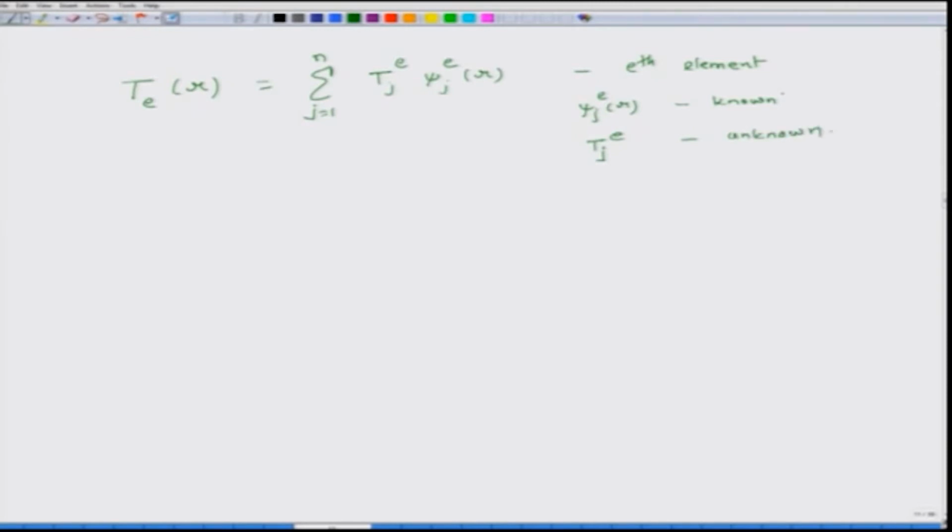T_j^e is unknown, right. How many unknowns do we have now for each element? We have small n. So a total of n unknowns per element.